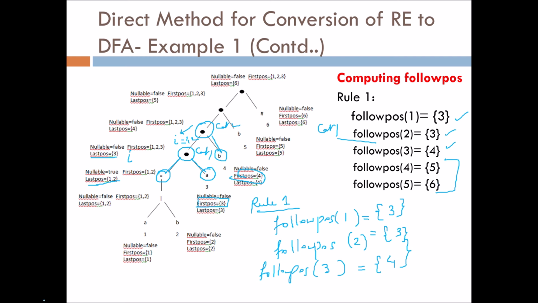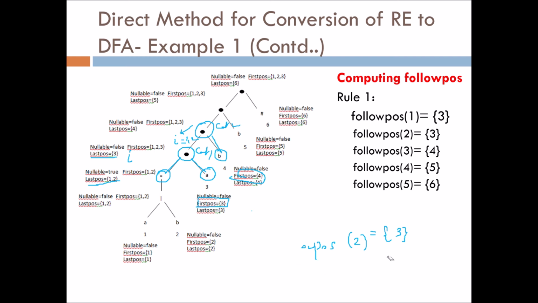Okay, now after this we will apply the second rule and try to find out what will be the value of follow pos after the application of the second rule. Now if you remember, the second rule has to be applied only to star node. So here is my star node, and if I apply it to the star node, let's see what it should be.